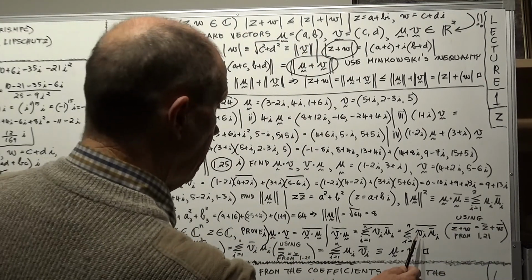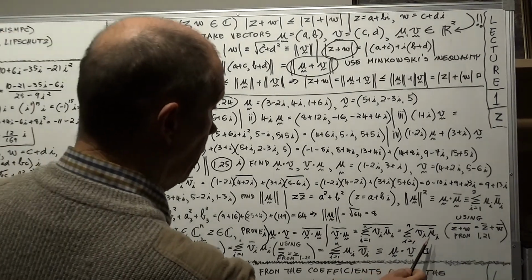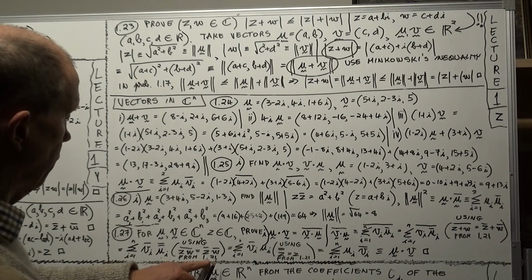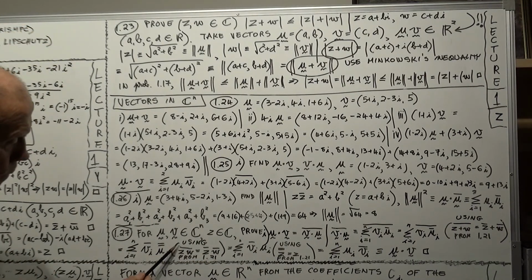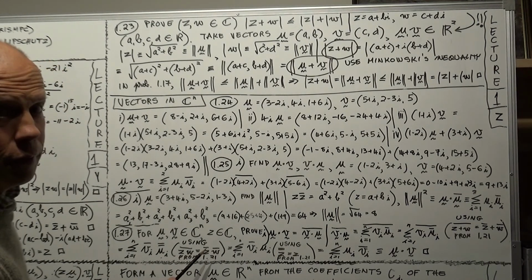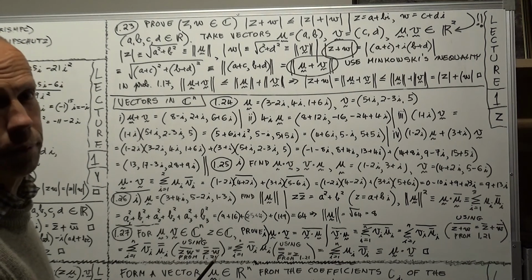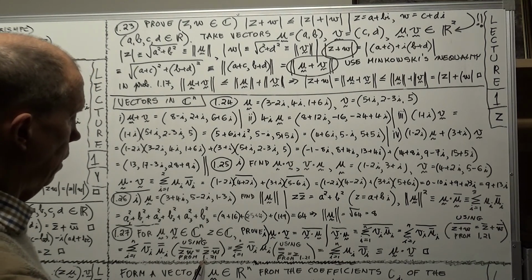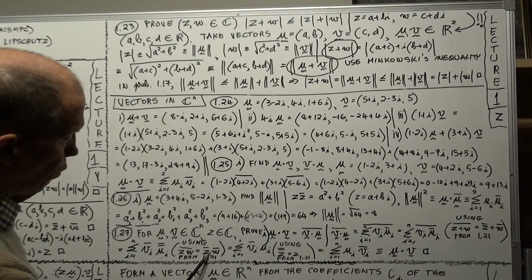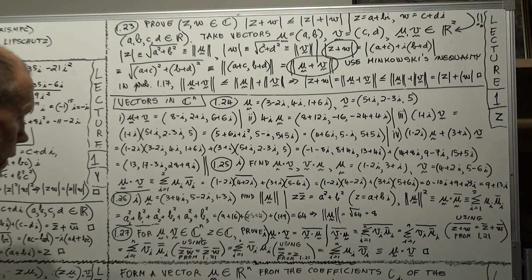All right. Now what? Now using another part of question 121, which says here that the conjugate of the product equals the product of the conjugates. I hope you remember that from earlier in question 121.